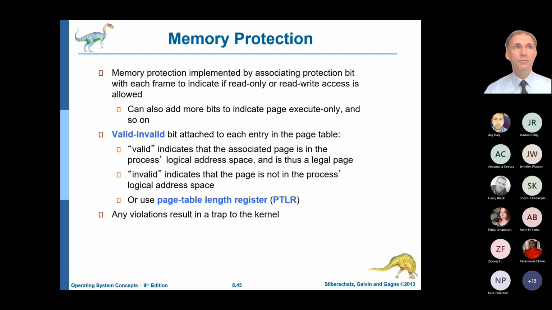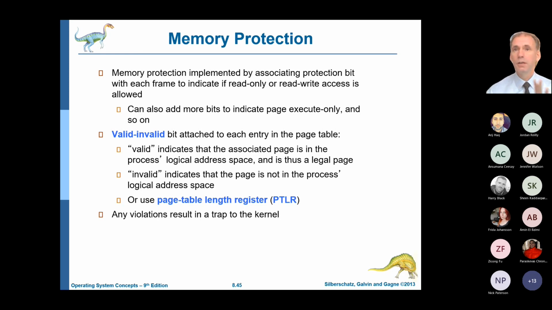There's other things that we have to do to make this work. We can decide whether or not we can read or write to a page. So we might be able to read, for example, the code that creates an OK box, but we're not able to write to it.